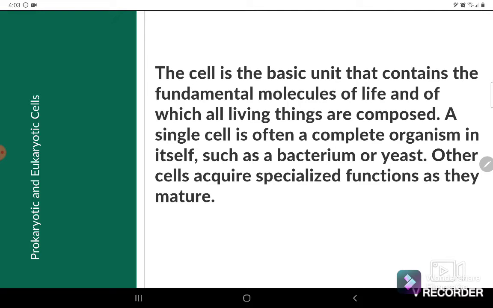And when they mature, they work together with other specialized cells, forming a more complex entity. This entity, we can call tissues, and those tissues combine again to form organs and so on, which builds up the multicellular organisms like us human beings and other multicellular organisms like animals and plants.